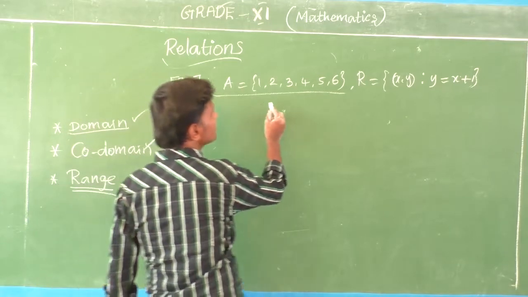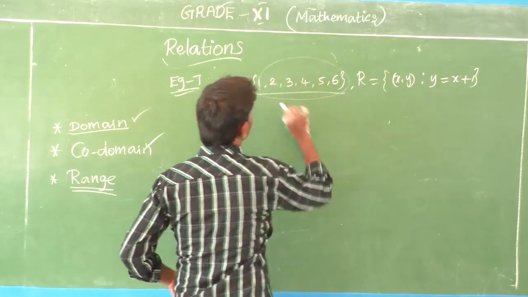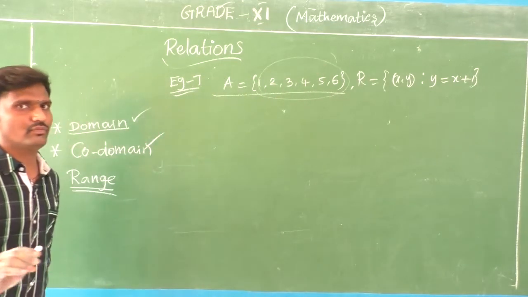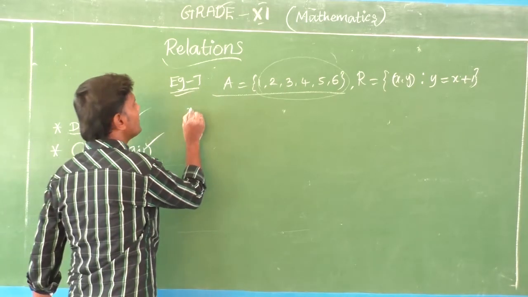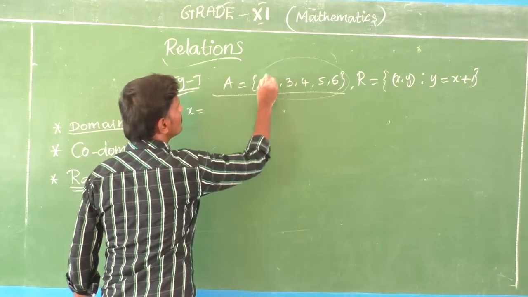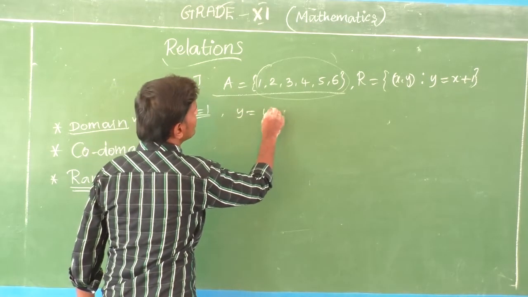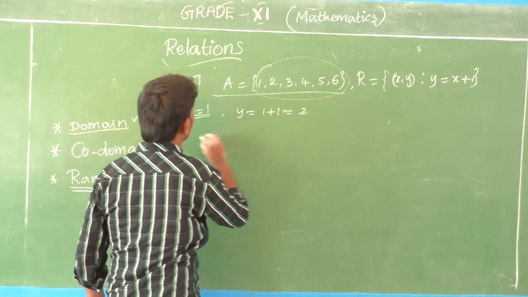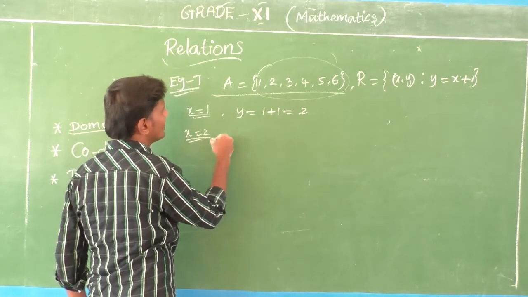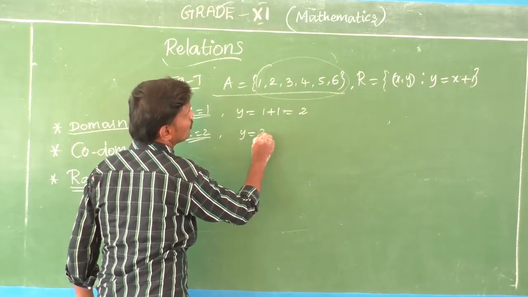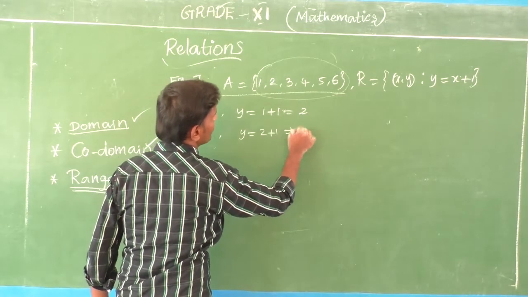So x belongs to the set A. Now I am taking x equal to 1, which means y equals 1 plus 1, 2. And x equal to 2 means y equals 2 plus 1, 3.